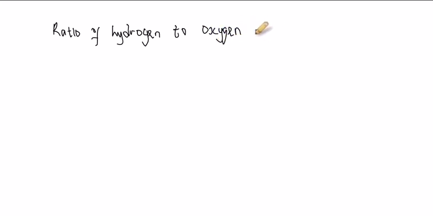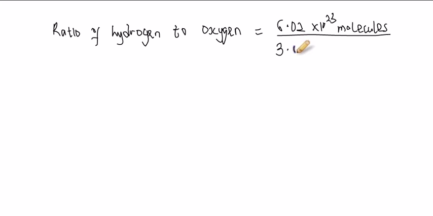And then be equal to the number of molecules present in hydrogen, which is 6.02 times 10 raised to the power 23 molecules, divided by that of oxygen, which is 3.01 times 10 raised to the power 23 molecules.